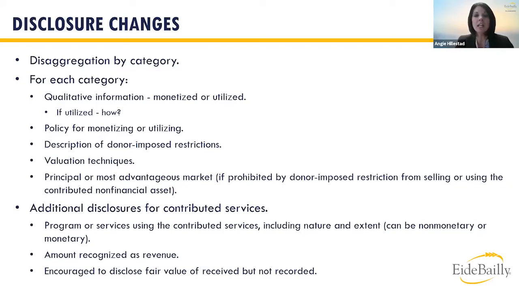You're basically just saying, we're prohibited by the donor from using this donated asset anywhere but this specific location, but this is not the principal or most advantageous market. And the reason that's important is those are key factors in determining fair value. So it lets the user know that you were using something else at that point.